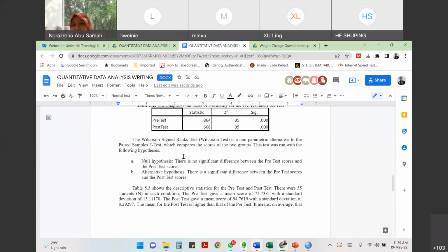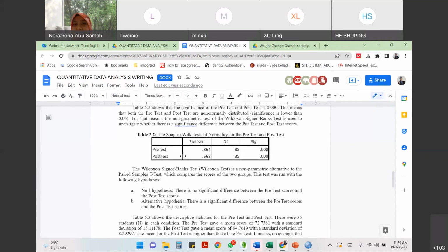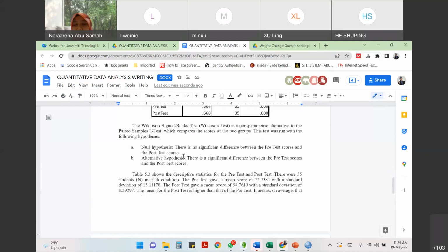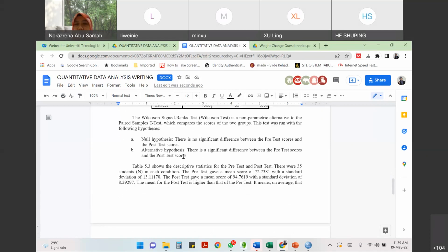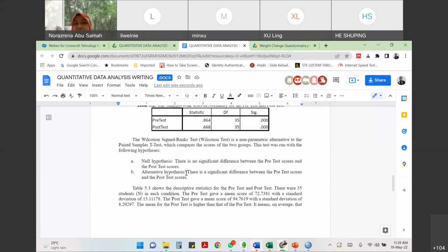Okay. Yes, that means we cannot write so many hypotheses in the article or the thesis. Just show the results of the test and choose the right method to analyze.